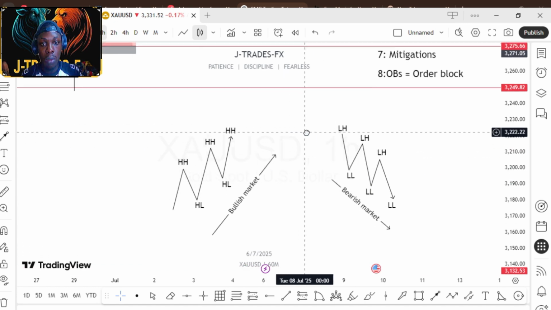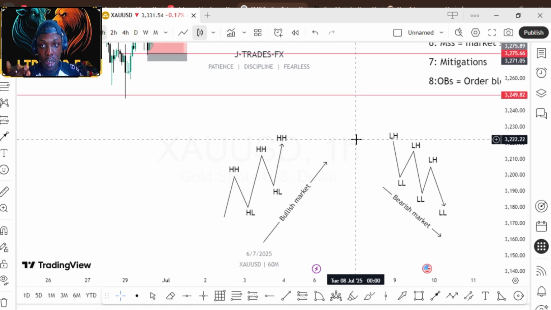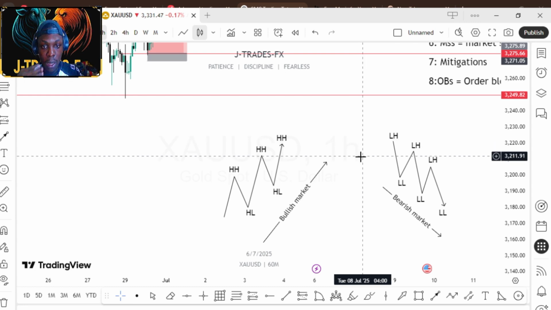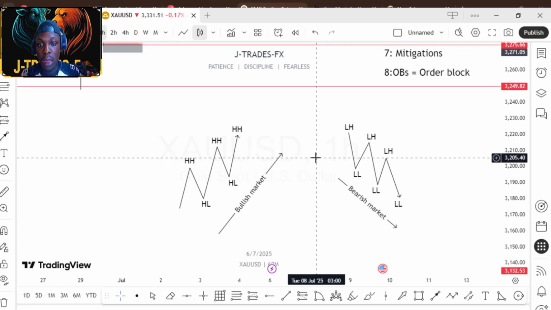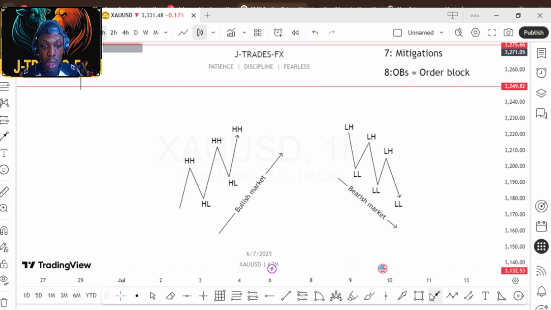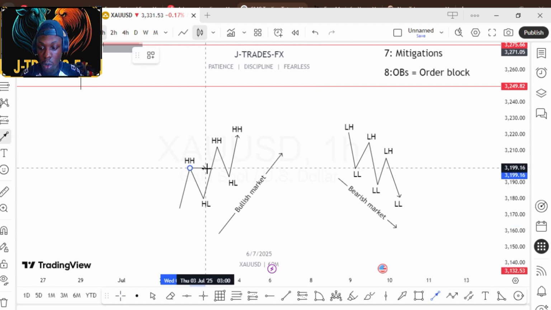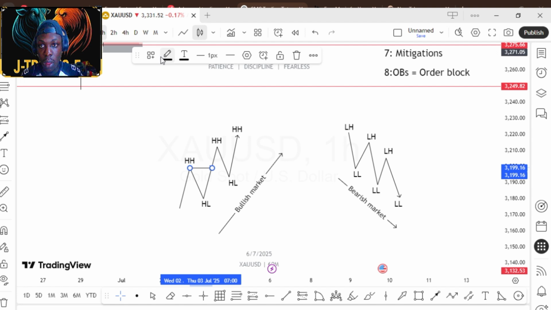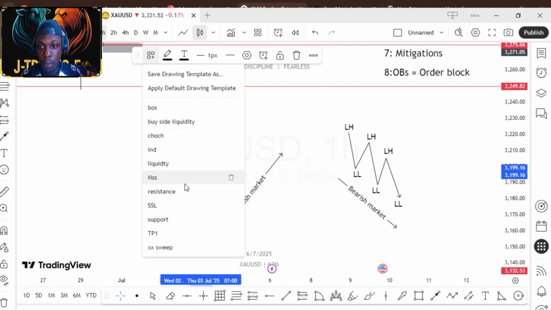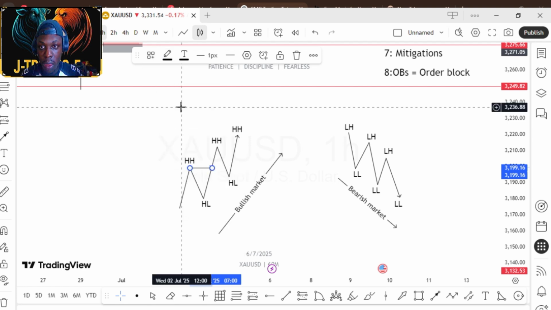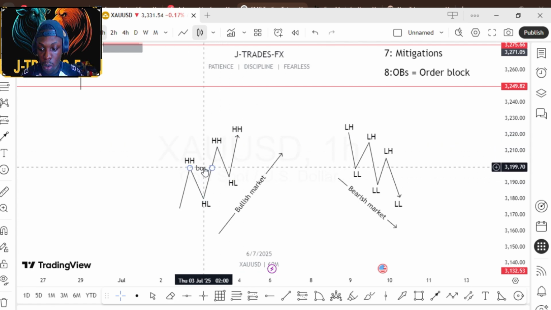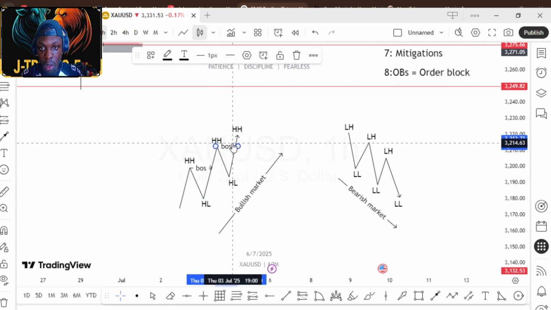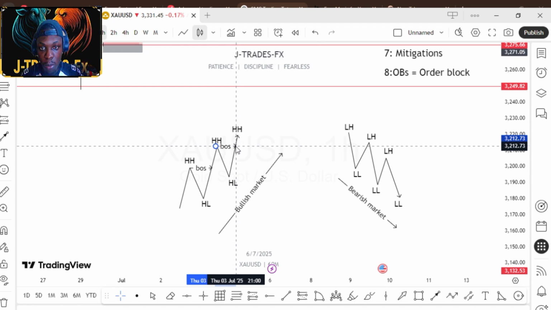Now, how do you know that the bullish market is valid or the bearish market is valid? The only way we know that a bullish market is valid is when we see a break of structure to the upside: breaking previous highs to the upside, then coming back to retest the zones that were created before the expansion.